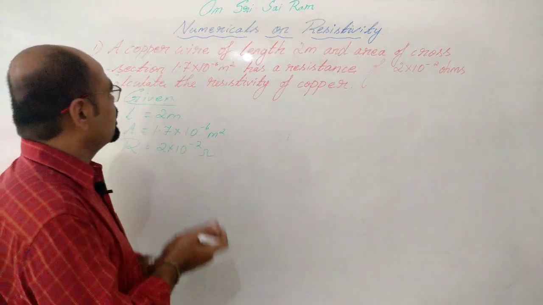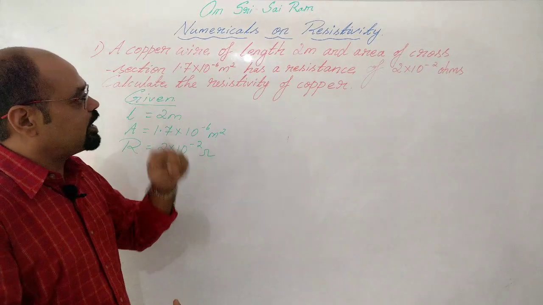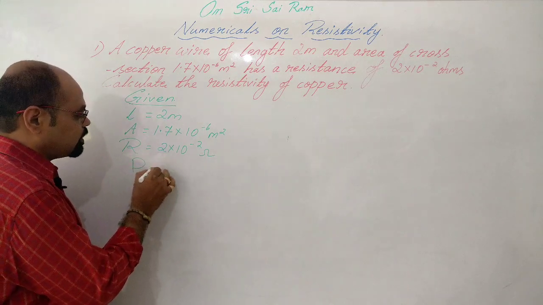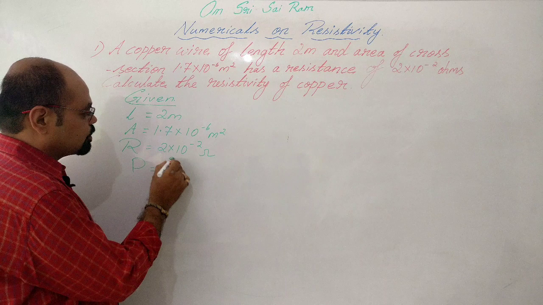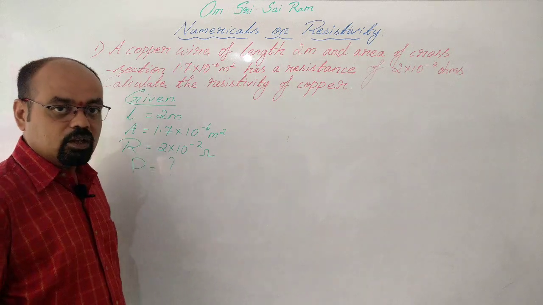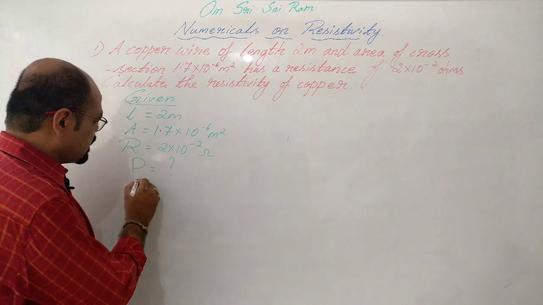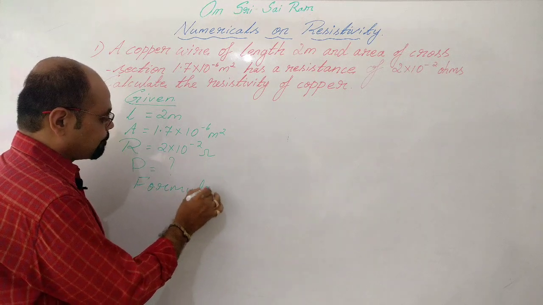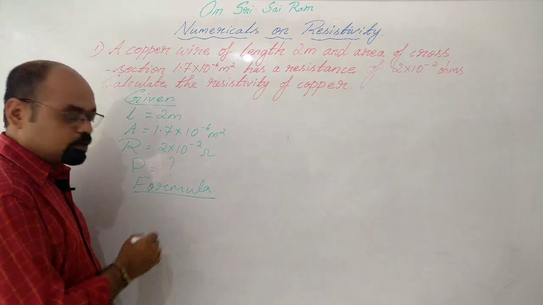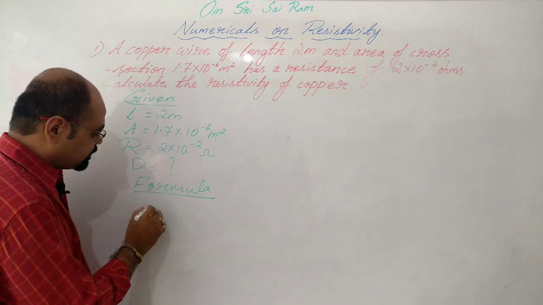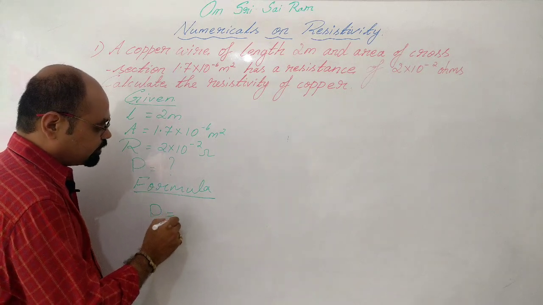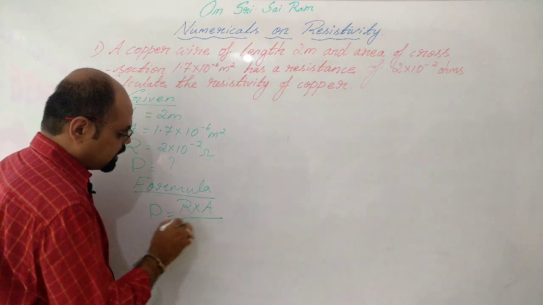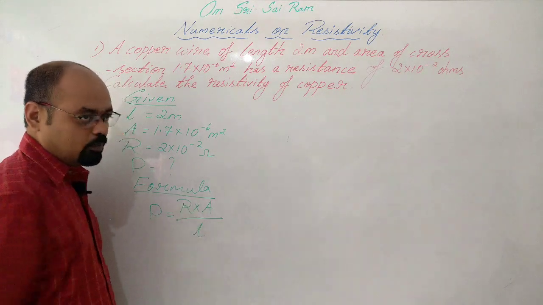These are the values given, and we have been asked to calculate the resistivity, so rho = ? The formula we use to calculate it: we know that resistivity rho = R × A / L. This is the formula.